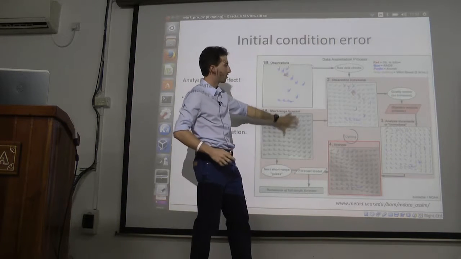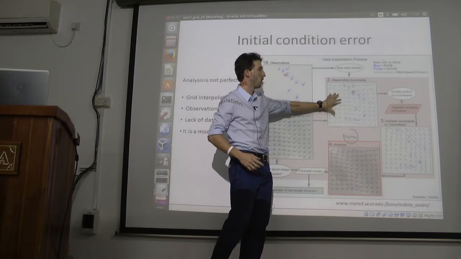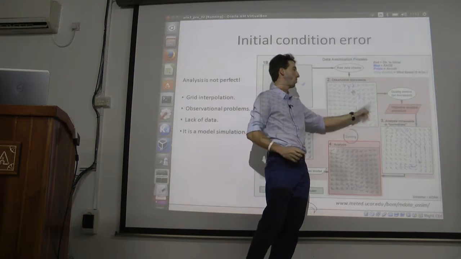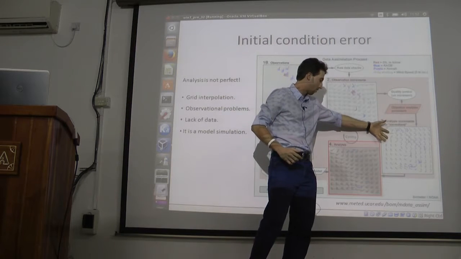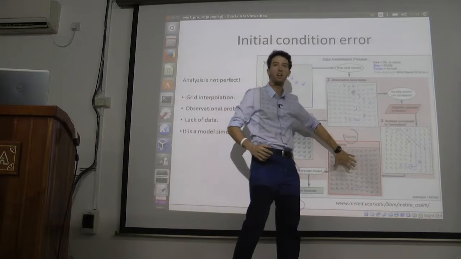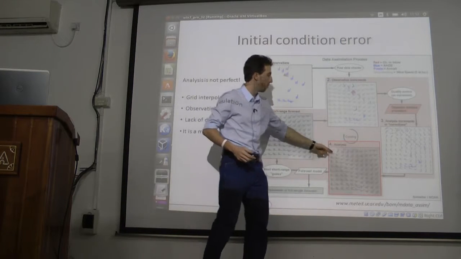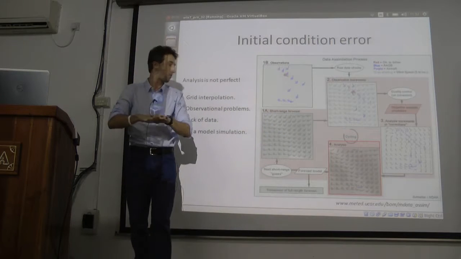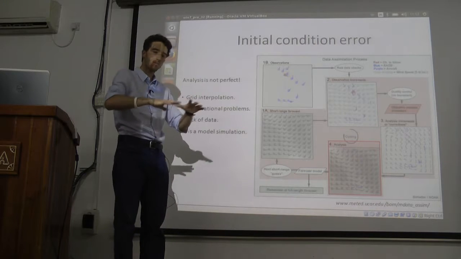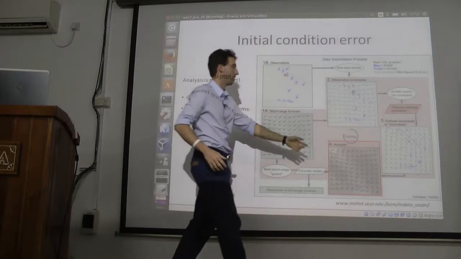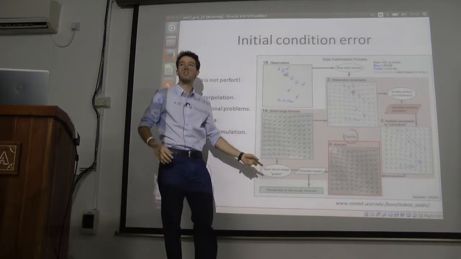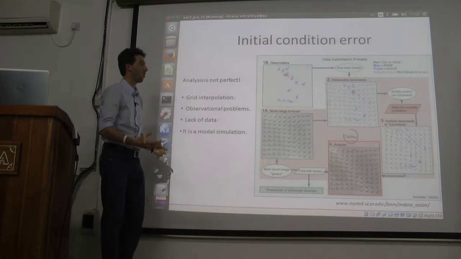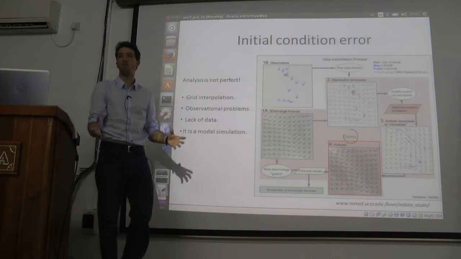I compare this forecast with the observations, and then I try to make a map with the difference between them, and then we add this difference on the simulation, and then we make a cycling to build the analysis and then start a new forecast for the next time we make another analysis. And this is analysis.